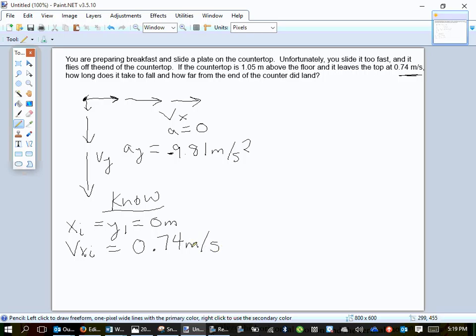Initially in our y direction, there is no velocity. Originally, it's sliding only horizontally, it has none vertically. We know that my acceleration in the x direction is 0, and my acceleration in the y direction is negative 9.81 meters per second squared.